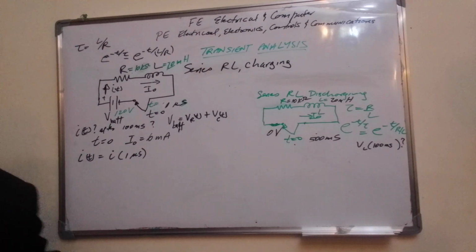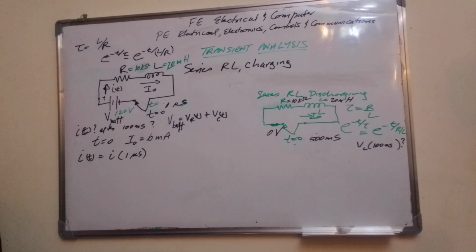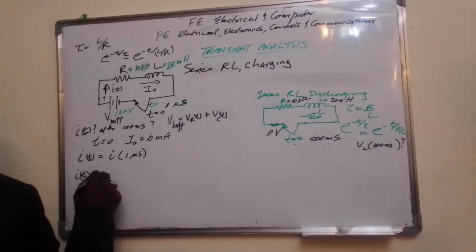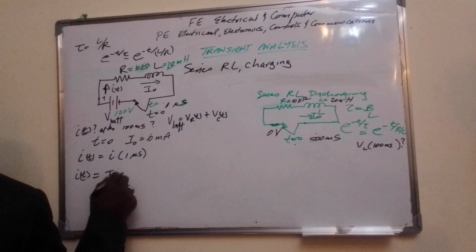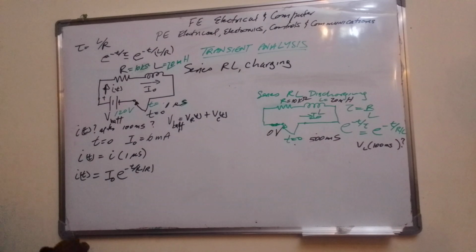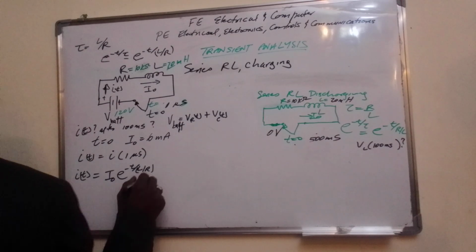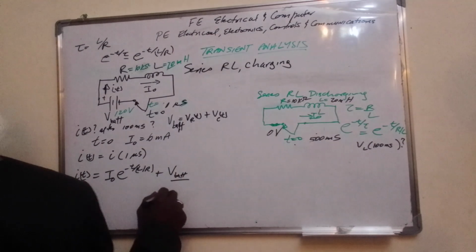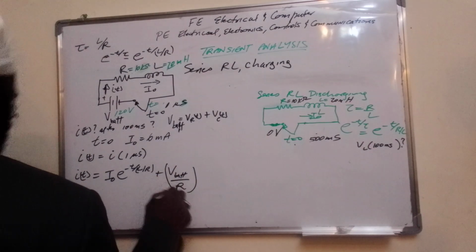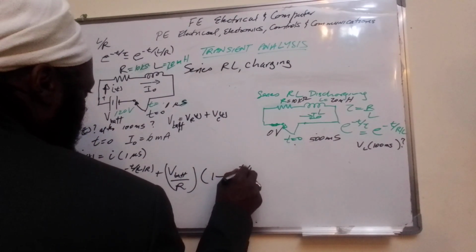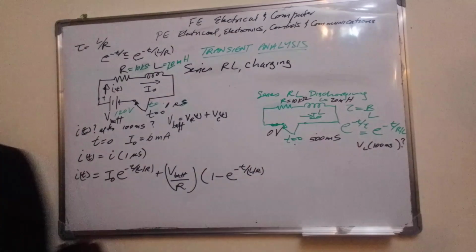Alright, so let's get into it. Based on the equation that governs this, we know that the current at any time is equal to I naught e to the minus t over L over R, which is tau, plus V battery divided by R, times bracket 1 minus e to the minus t over L over R, which is tau again.